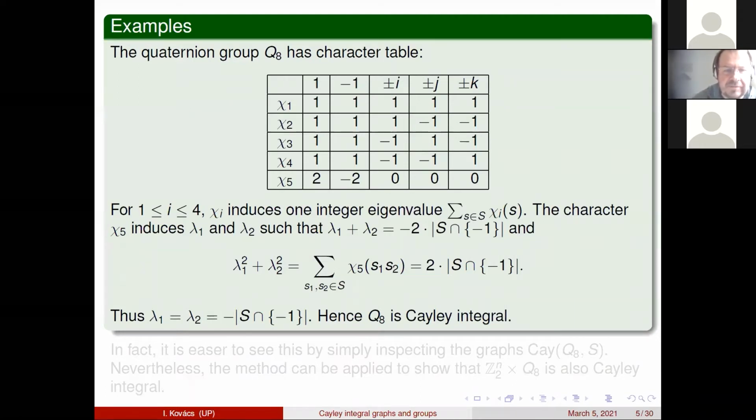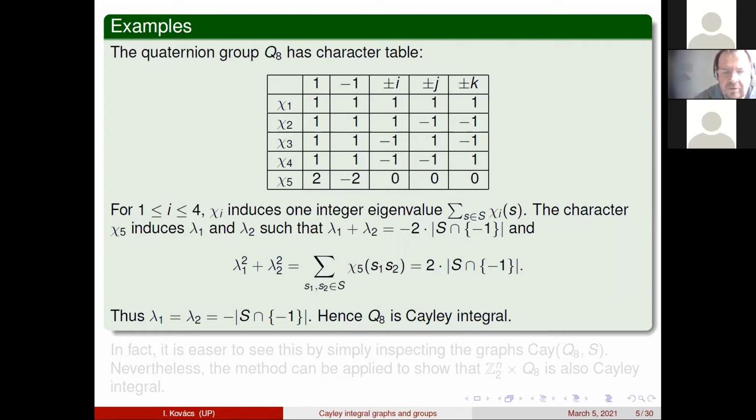I took the quaternion group Q8. This is its character table: four one-dimensional characters and one two-dimensional character. For the one-dimensional characters, the sums are always plus or minus 1, which clearly gives integer eigenvalues. For the two-dimensional character, you have to consider two equations: the sum lambda 1 plus lambda 2 clearly depends on whether the central involution is in the set or not, because otherwise it's always 0.